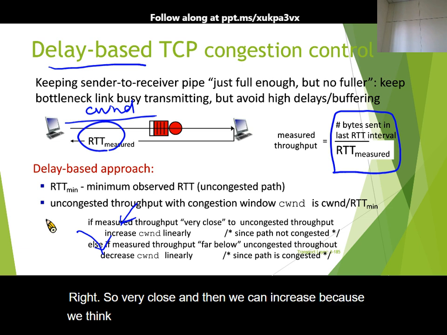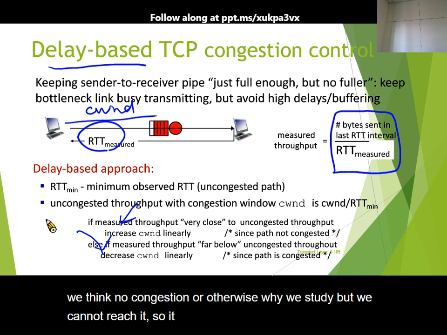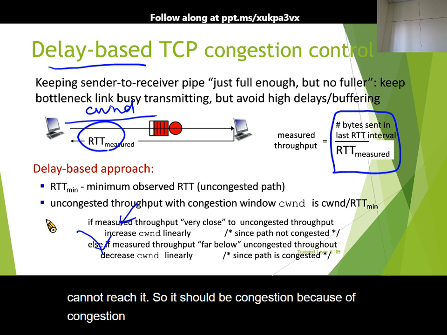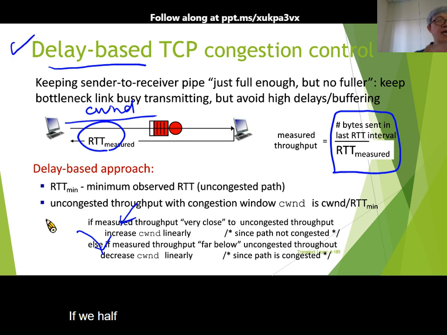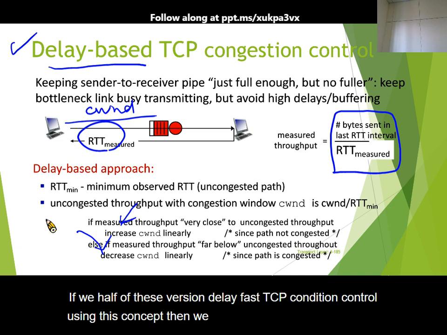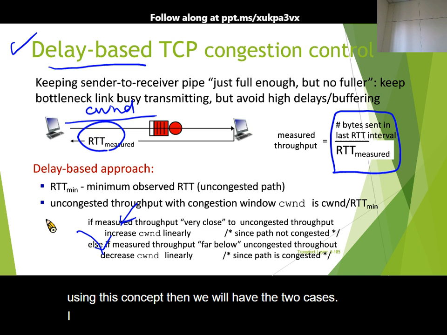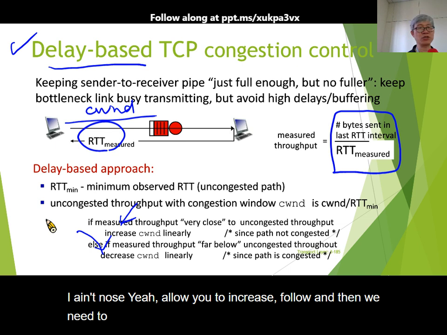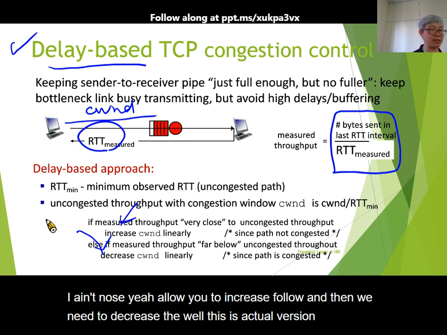Otherwise, we set it but cannot reach it, so it should be congestion, and because of congestion we decrease CWND. With delay-based TCP congestion control using this concept, we have two cases. Very close, we allow increase. Far below, we need to decrease linearly. This is the actual version we call delay-based TCP congestion control.